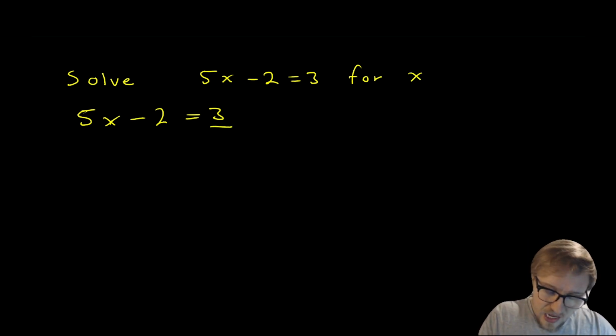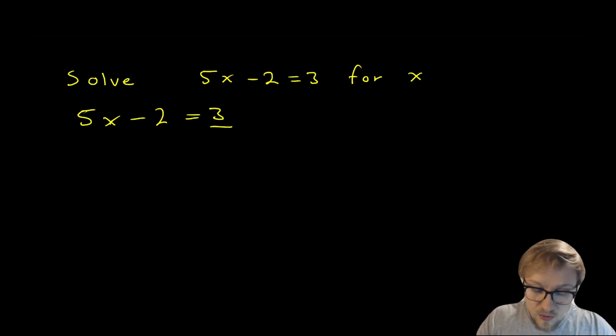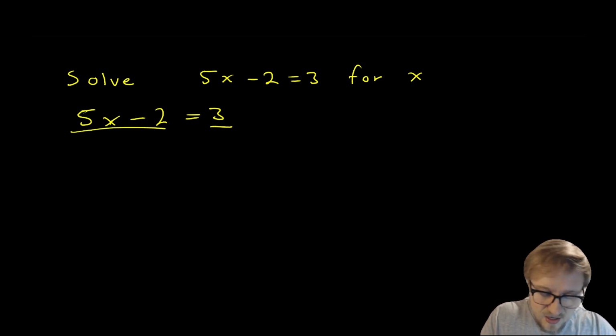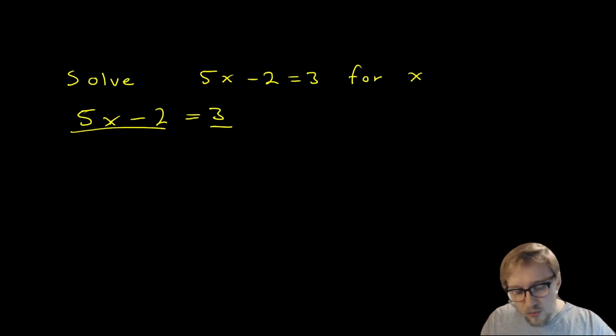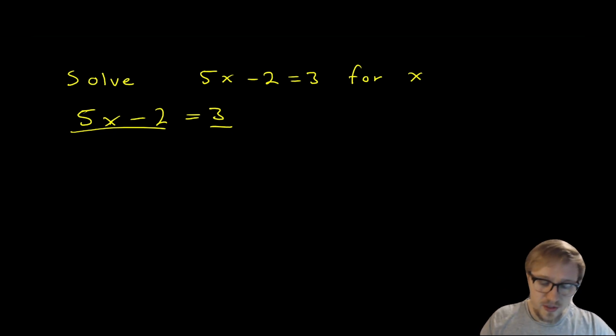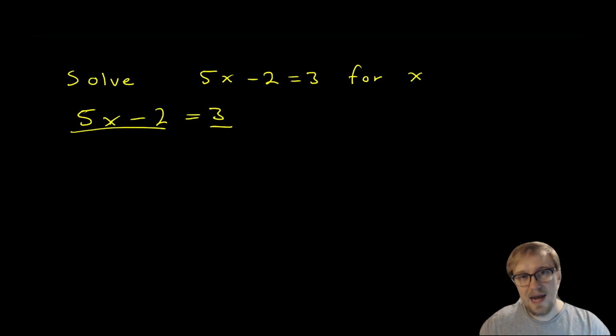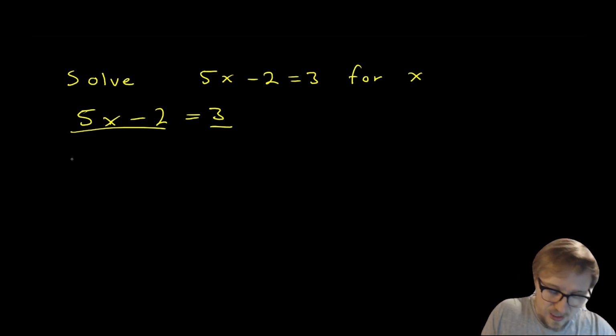Here we have a 3 sitting on the right-hand side, and we have the rest of the terms sitting over here on the left-hand side. So we want to move the 3 over together with the rest of the terms. The way we do this is we subtract 3 from both sides of the equation.